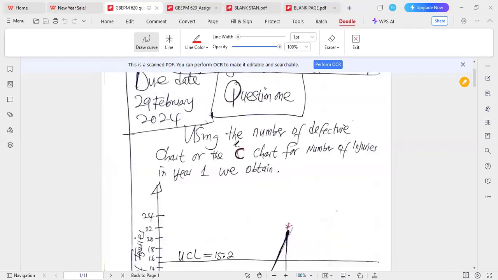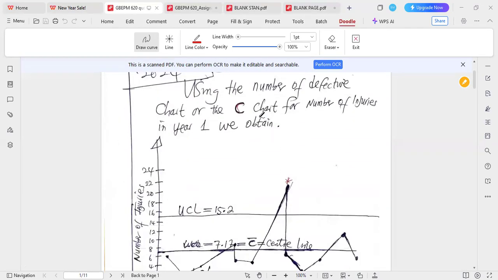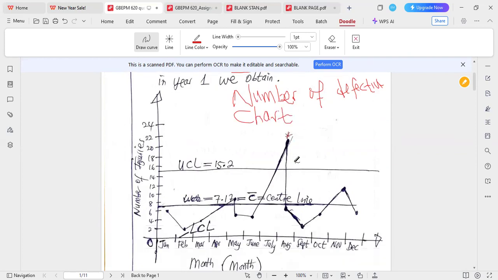So meaning, as we are getting down here, we are getting down to the C chart. The C chart is a number of defective chart.